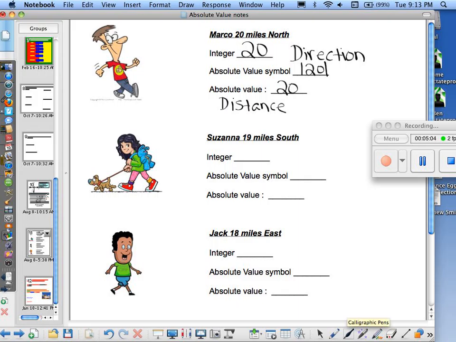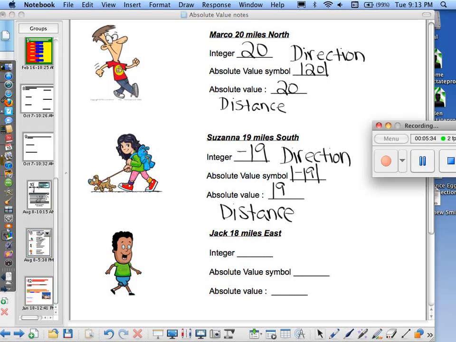So Susanna was 19 miles south, so that would be negative 19 as our direction. But we want to know the distance. So to do that, we have to take the absolute value of our direction. The absolute value of negative 19 is 19.